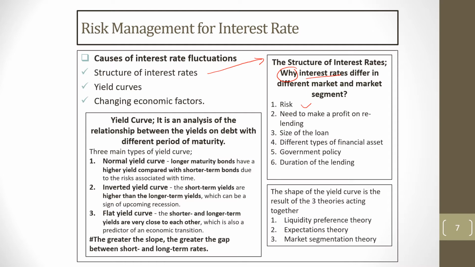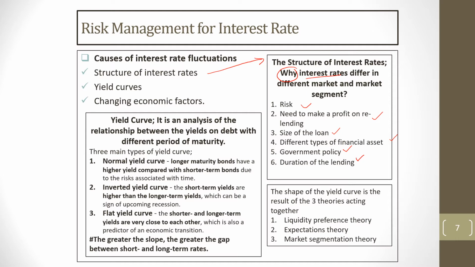The second one, need to make a profit on the relending, the size of loan, the different type of financial asset. The fifth is government policy, and the last one is the duration of the lending. Okay, so ini adalah point-point kenapa the interest rate adalah different daripada market segment.